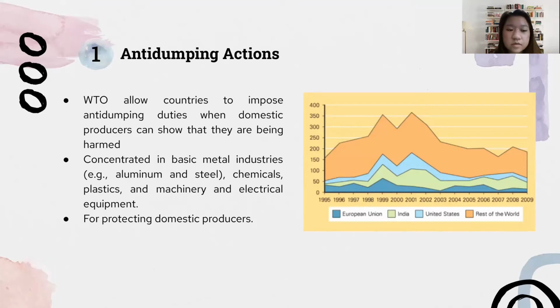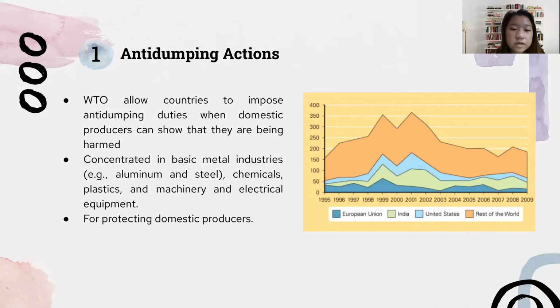As you can see in the picture, from 1995 to 2009, a couple of countries already reported the implementation of anti-dumping actions. India initiated the largest number of anti-dumping actions, about 613, followed by Europe in second place and United States in third place.